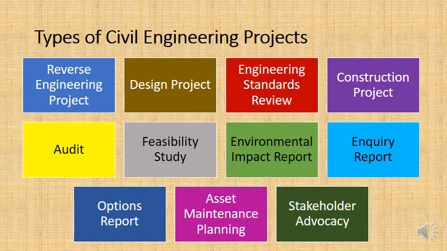The final example of a civil engineering project is stakeholder advocacy. So let me give you an example of stakeholder advocacy. Remember that with any sort of civil engineering project, there are going to be hundreds, if not thousands, of different stakeholders.